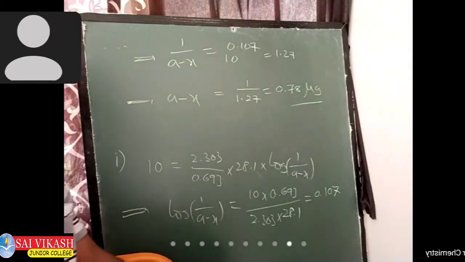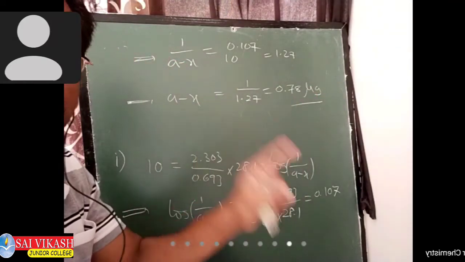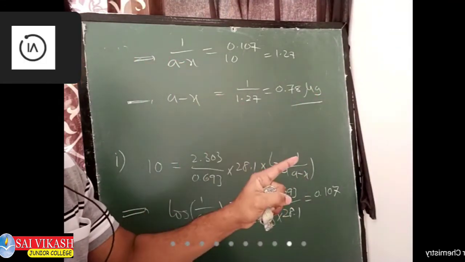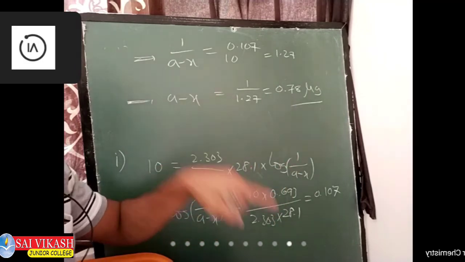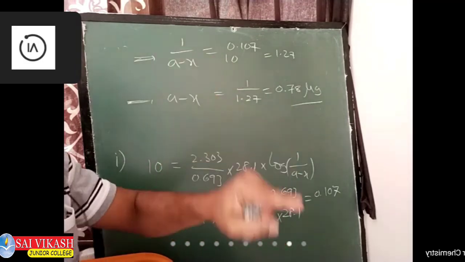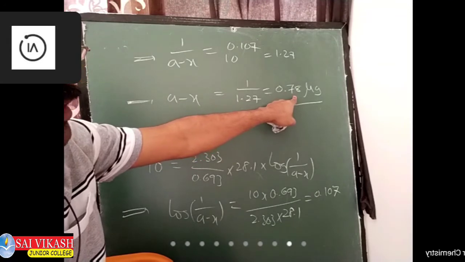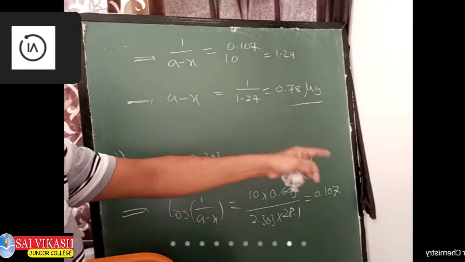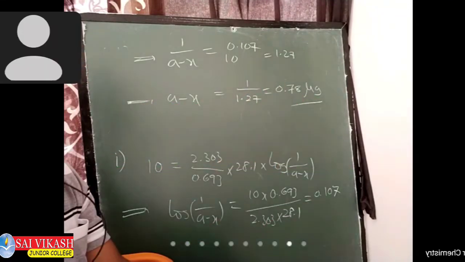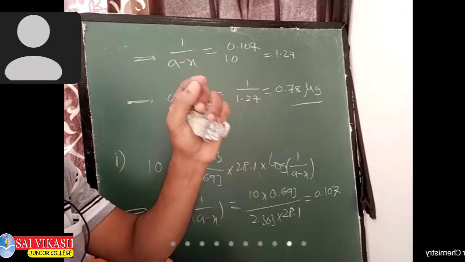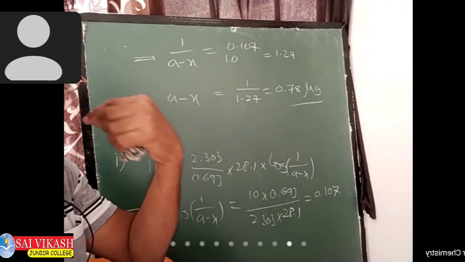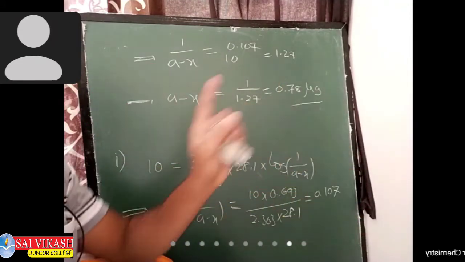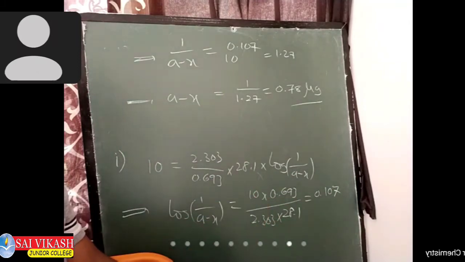Yes, you got the microgram. So initially you have taken 1 microgram, but after 10 years, the amount left will be 0.78. So how much is gone means 0.22. 0.22 microgram only released, means decreased from 1 microgram after 10 years.